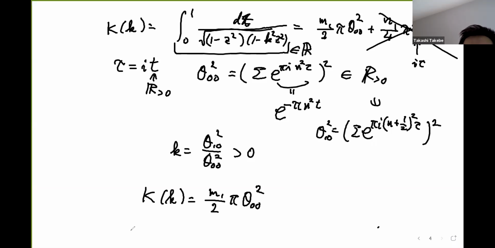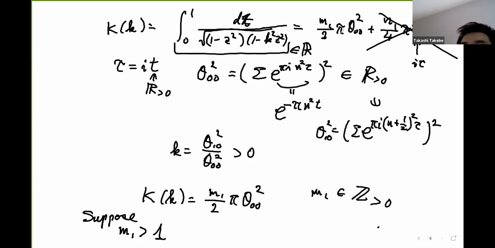But if this is not one, if it's larger, m1 should be an integer, and of course not 0 and positive, because this is a positive number and this is also positive. So m1 should be a positive integer.